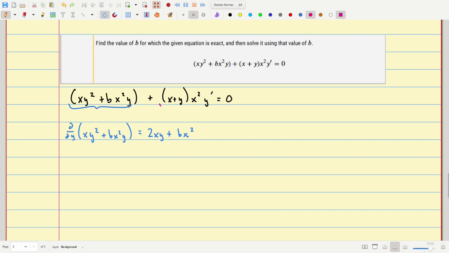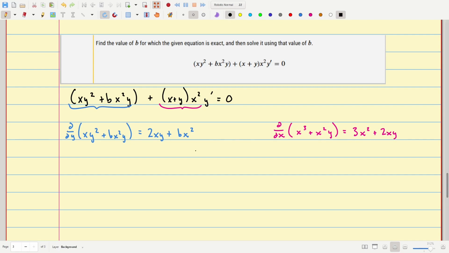And then for the other term, we want to take this partial with respect to x. And we'll go ahead and multiply through by the x just so it's easier to see that we're differentiating a polynomial here. And we're going to get 3x squared plus 2xy.